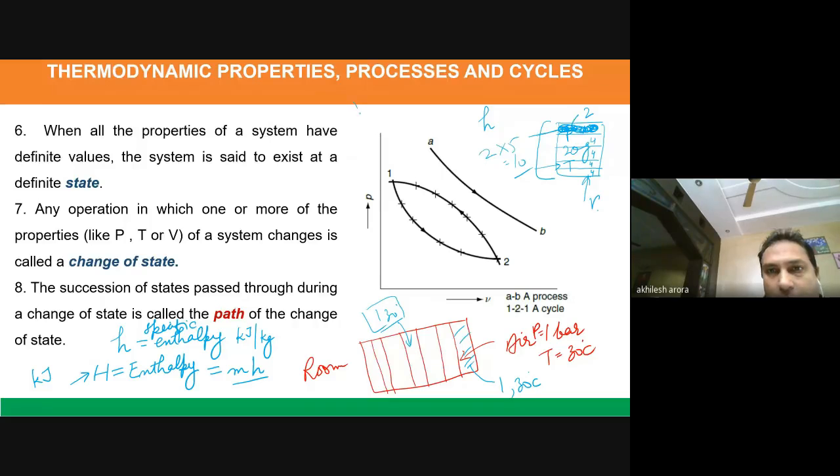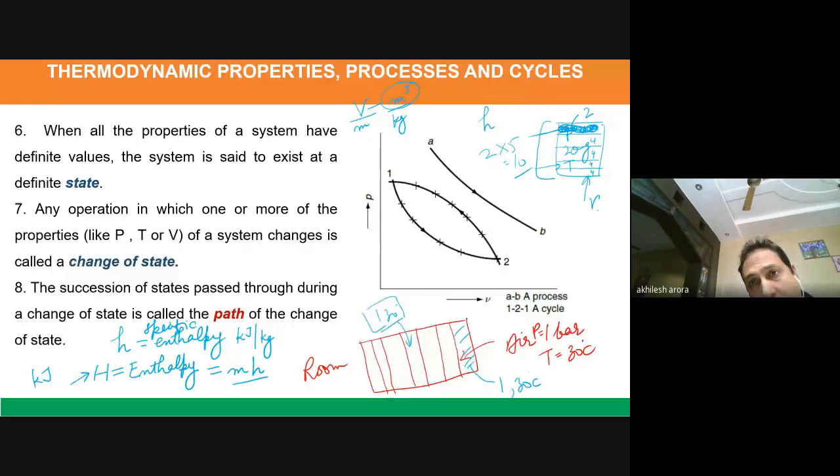Suppose you have volume, and you divide it by mass. What is the unit for the volume? Volume is meter cubed, and when you divide it by mass, you get a unit of meter cubed per kg. So volume is dependent upon the mass. If you keep on increasing the volume, the mass will also increase, but you have to keep the pressure and temperature constant.